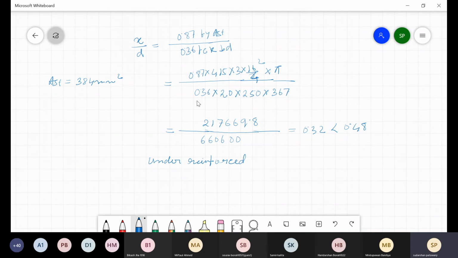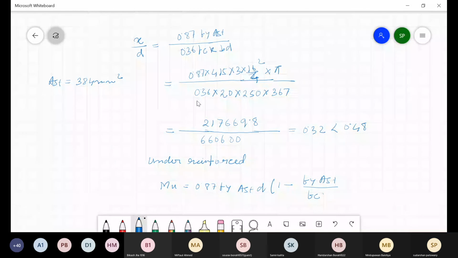So if the section is under-reinforced, then moment Mu is equal to 0.87 fy Ast d times 1 minus fy Ast by fck b d. Clear?